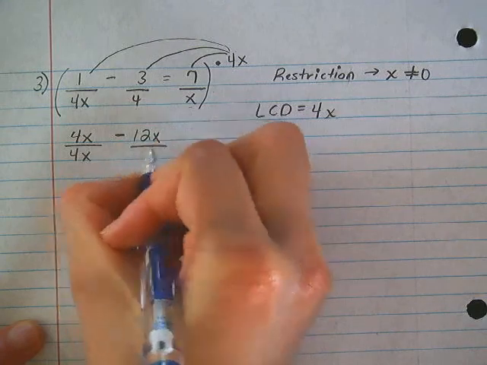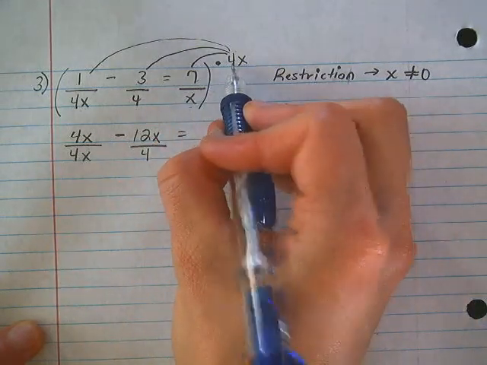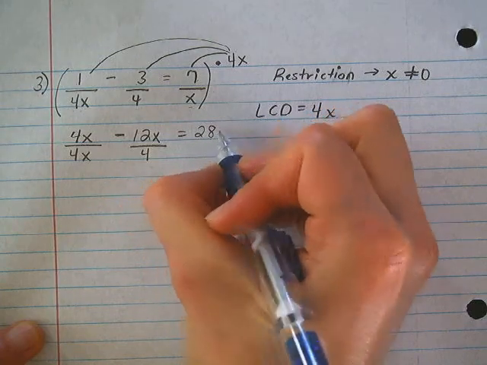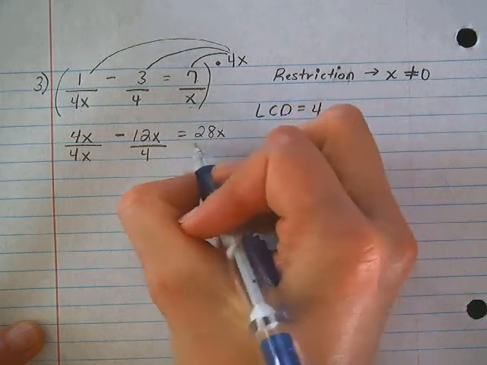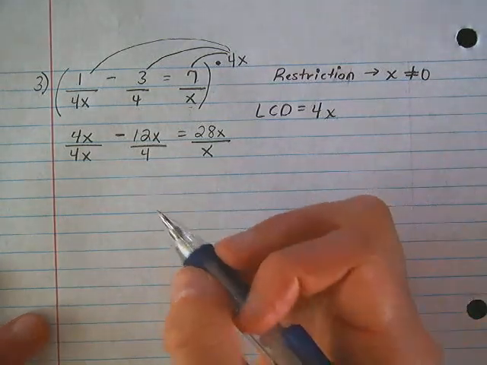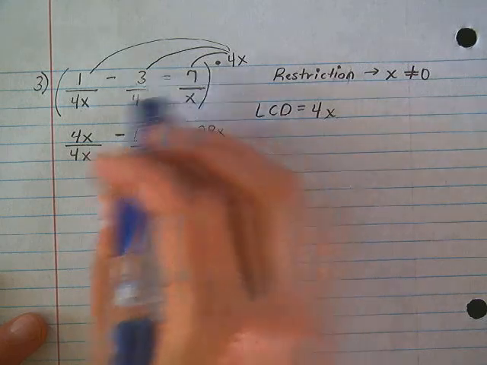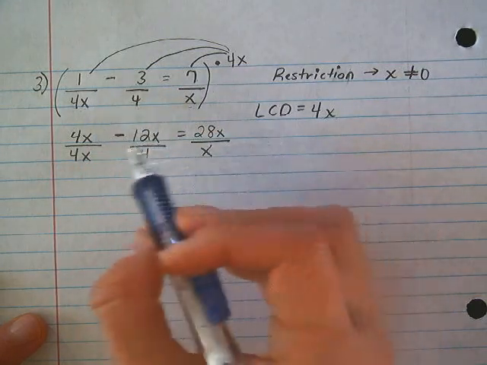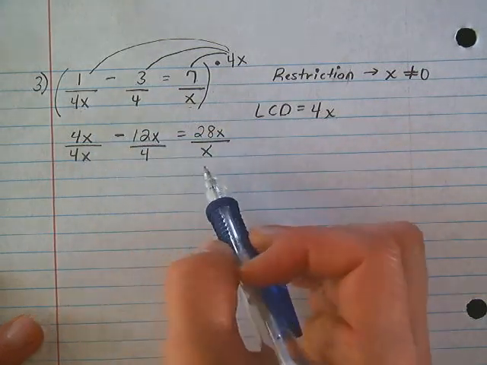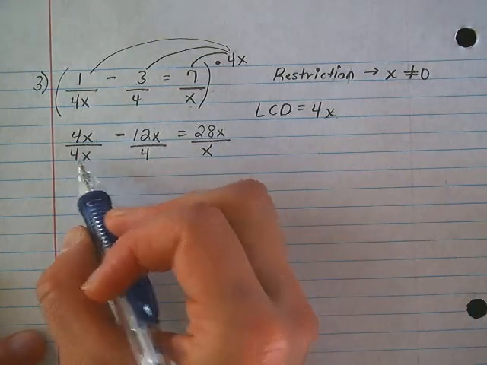And then I bring that 4 down, equals 7 times 4x is 28x, and then the x is on the bottom of that one. Just like I said before, the whole reason you multiply by the least common denominator is that when you simplify these fractions, it should actually make the fraction part go away.